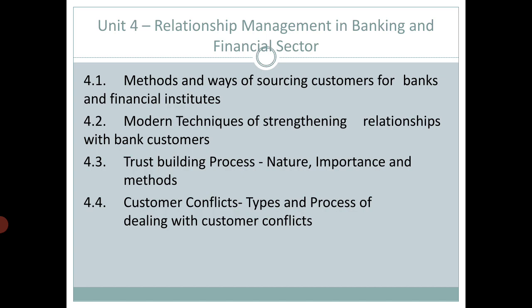What are the different types of conflict? For example, intrapersonal conflict, interpersonal conflict, intergroup conflict, intragroup conflict. So what are all these types of conflicts? See, intrapersonal means within yourself.